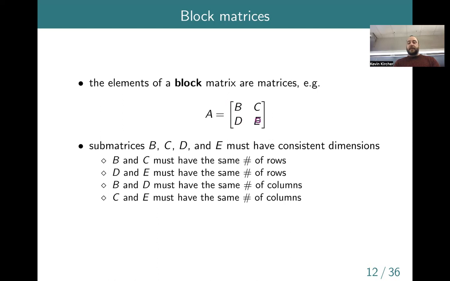And then similarly, D and E have to have the same number of rows so that this dimension here is consistent. And then the number of columns in B and D has to be the same, and the number of columns in C and E has to be the same. So sometimes when you're programming, you can use this kind of block matrix representation to build bigger, more complex matrices out of smaller, simpler ones. And you can do this notation at least in MATLAB and in Python.